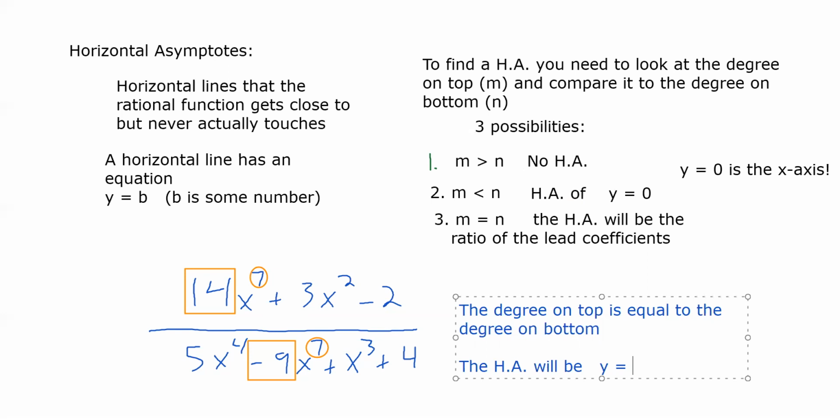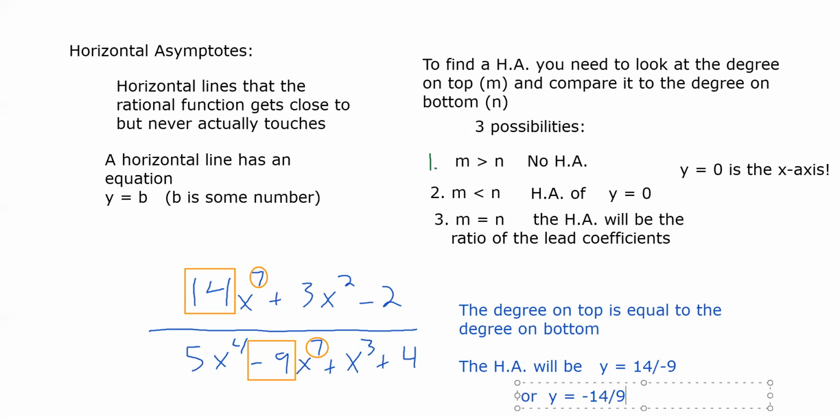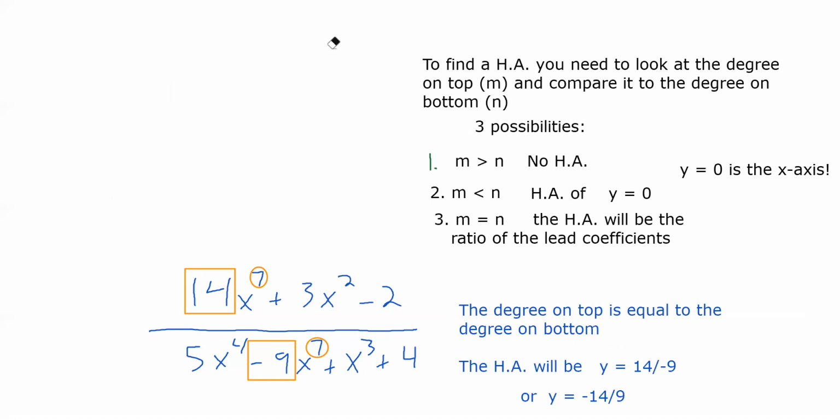It's going to be 14 divided by -9, or just y equals -14/9. So you have to draw a horizontal line there. That's going to be what, -1.55555. I'll show you.